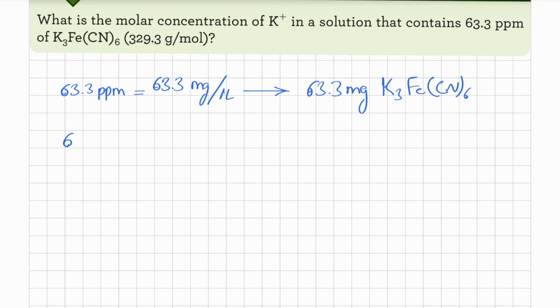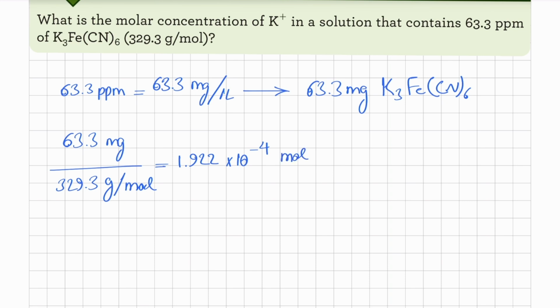Really simple. 63.3 milligrams divided by 329.3 grams per mole. The answer would be 1.922 times 10 to the power of minus 4 moles per liter.